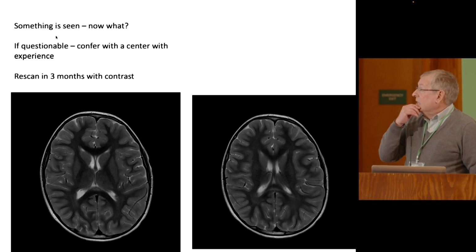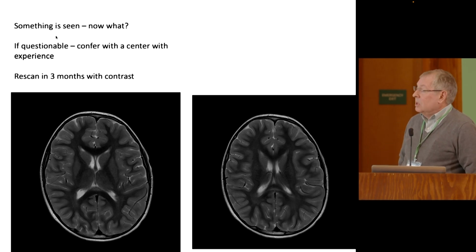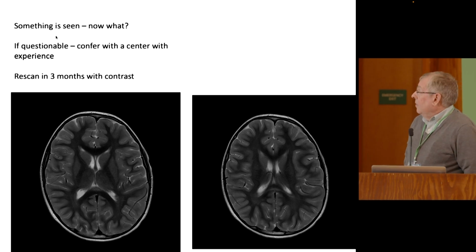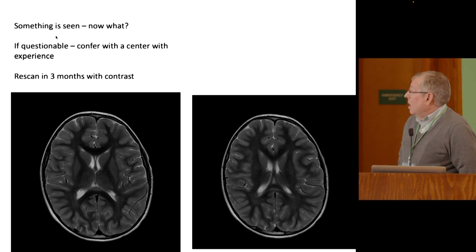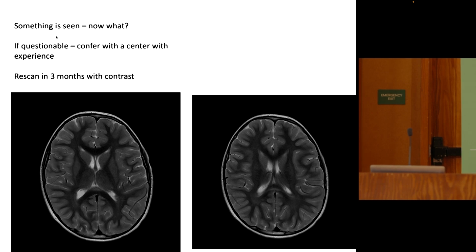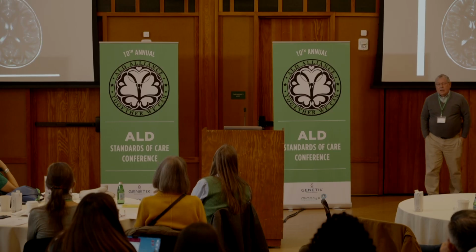Okay, this is the question we all get asked most. Some radiologist saw something, now what? If questionable, I'll walk over here. I don't know if you can see this. Is that a lesion?